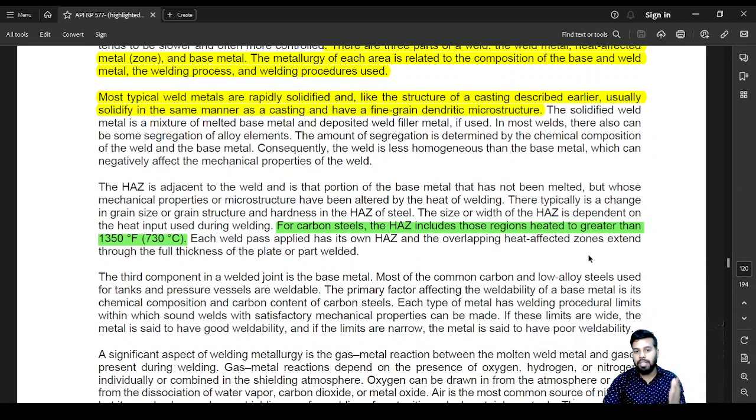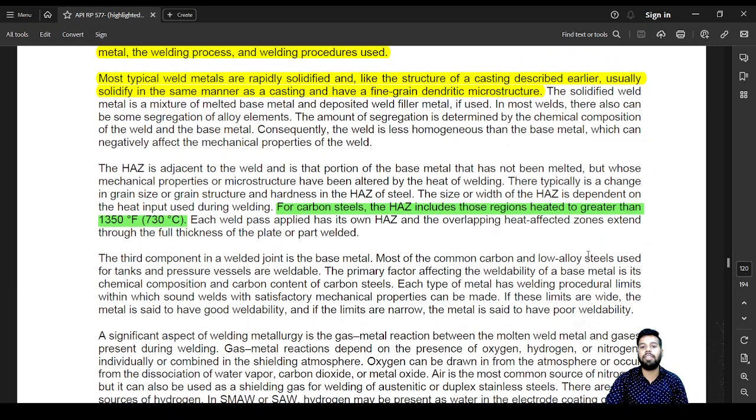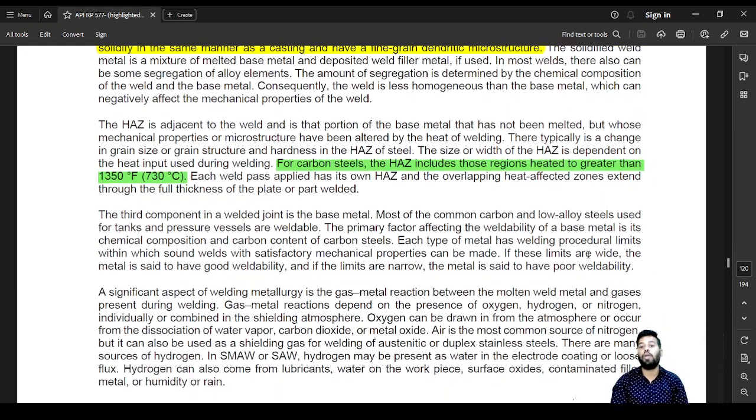The heat affected zone is adjacent to the welded area and is the portion of the base metal that has not been melted but whose mechanical properties or microstructure have been altered by the heating of the weldment. So what happens is, when the weld area is heated, the area around the weld also heats. This heating is generally beyond the recrystallization temperature of the metal, which leads the metal to change its grain structure.